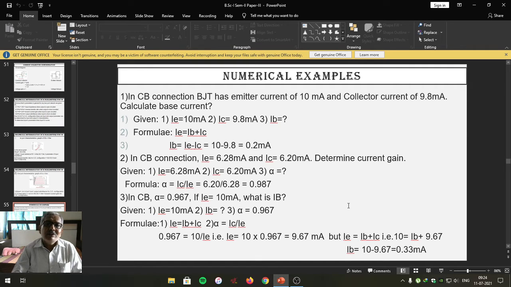These numerical examples may also appear in your objective type question paper. So that's why you have to be careful about these numerical examples. Dear students, let me begin with the first example.